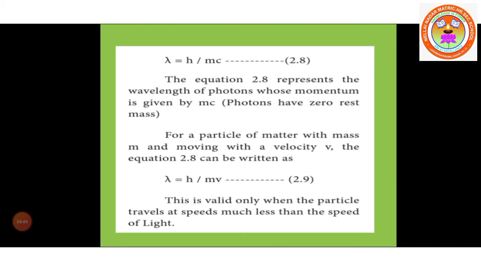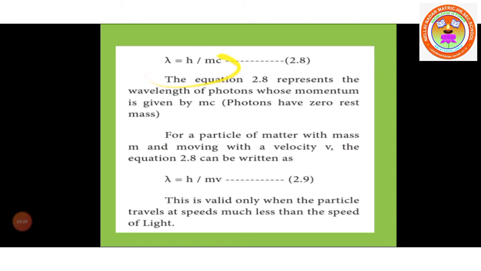So for a particle of matter with mass m moving with a velocity v, the equation can be written as lambda is equal to h by mv.